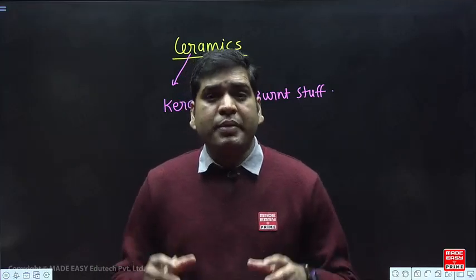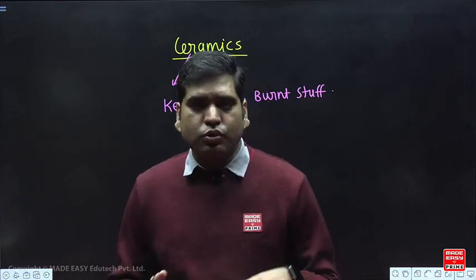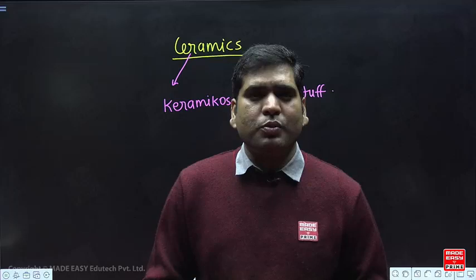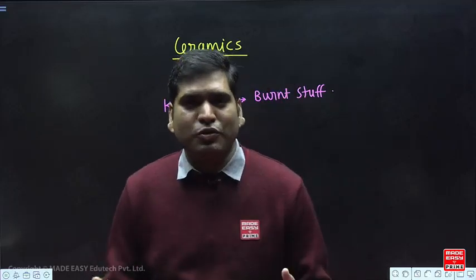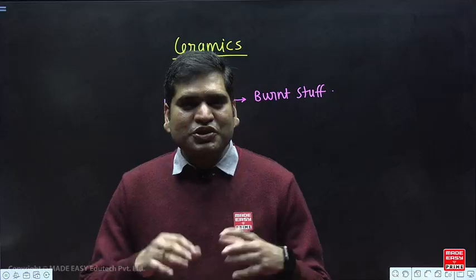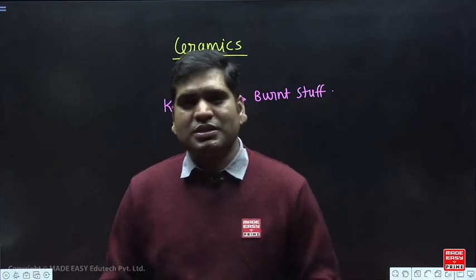The bonding between metals and non-metals is generally ionic bonding, although there can be some covalent character as well. So even if it is covalent bonding, it would be polar covalent. Polar covalent means ionic plus covalent. So most of these materials will exhibit characters like the ionic materials exhibit.